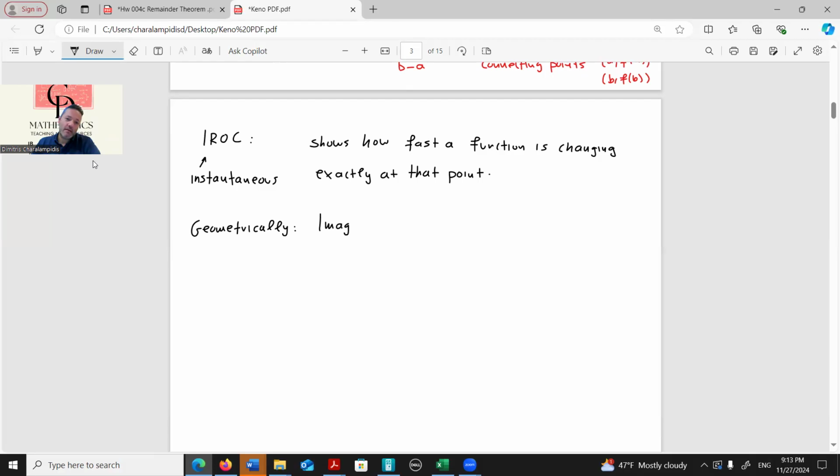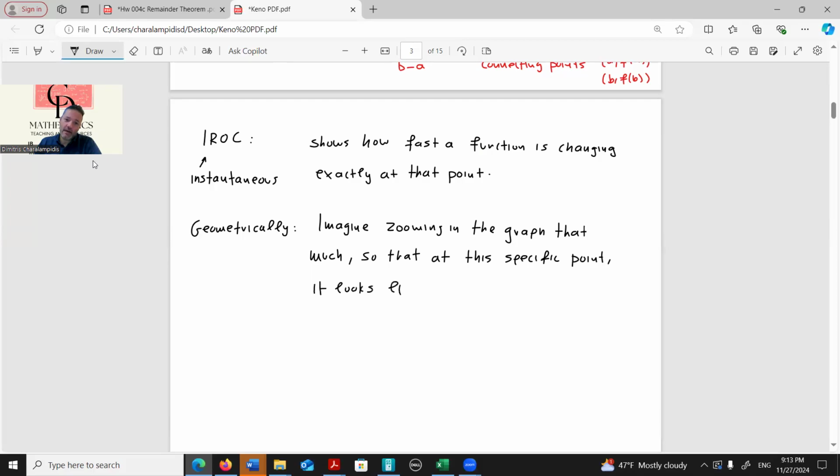Imagine zooming in on the graph so much that at this specific point, it looks like a line.